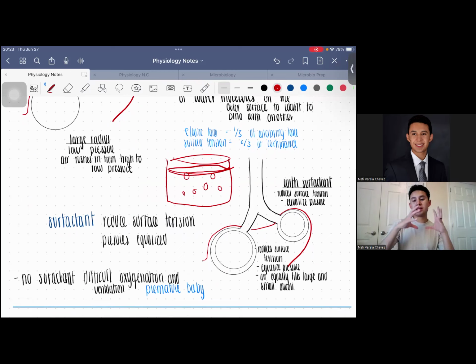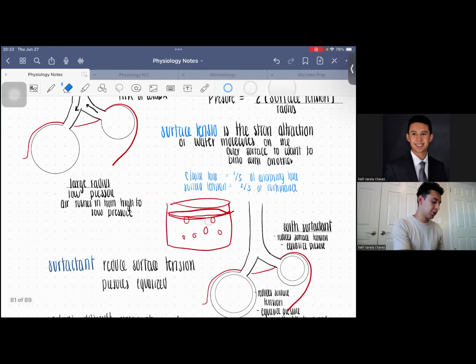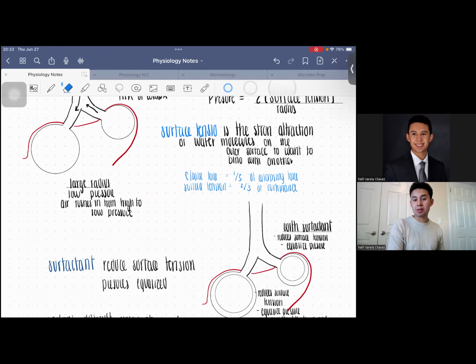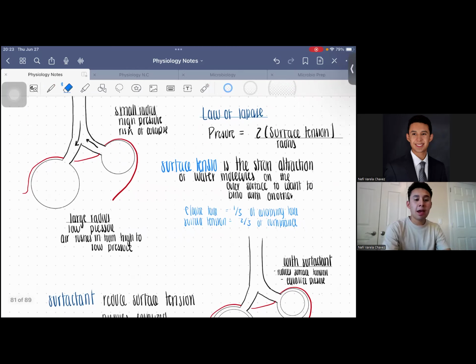So as we decrease volume size, we are going to increase pressure. So I want to translate the words to more mortal words. As we decrease radius, we are going to have an effect in surface tension. And that's what this law is describing. At a small radius, we're going to have high pressure and also high risk of collapse.